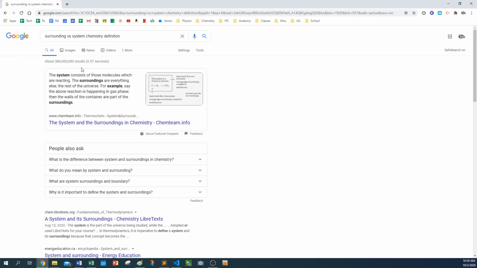When I say that heat is being released, that means that heat is going from our system into the surrounding area. The system consists of the molecules which are reacting or what is undergoing the phase change. So we consider the system the target of what we're looking at. The surrounding is everything else, the rest of the universe.